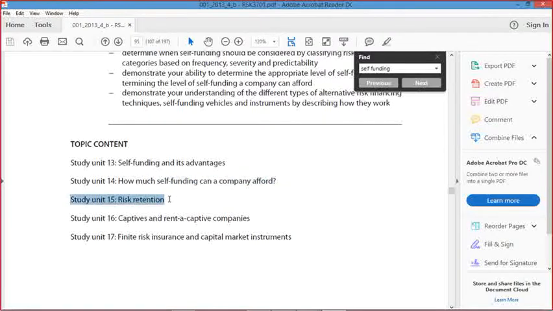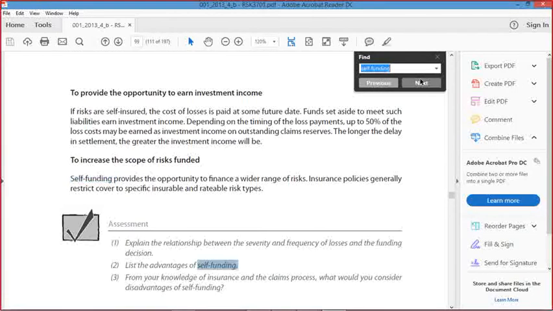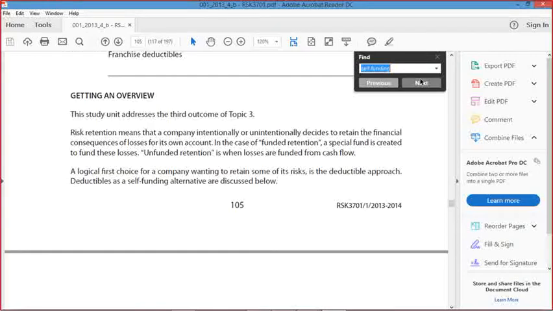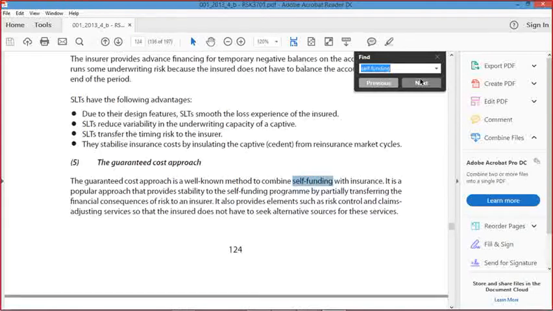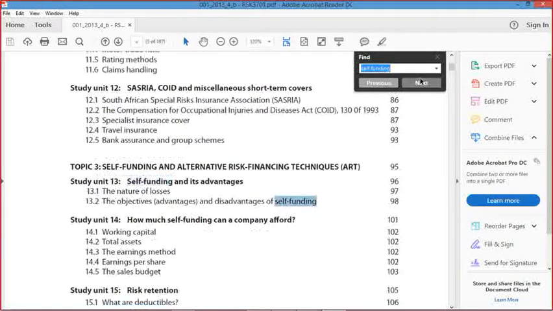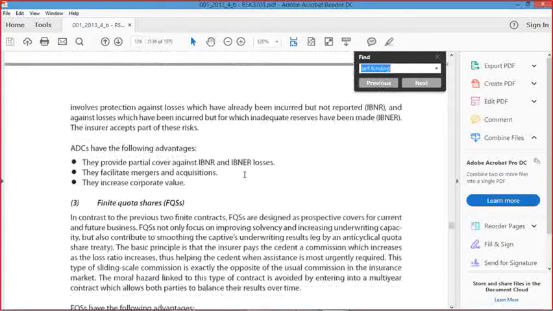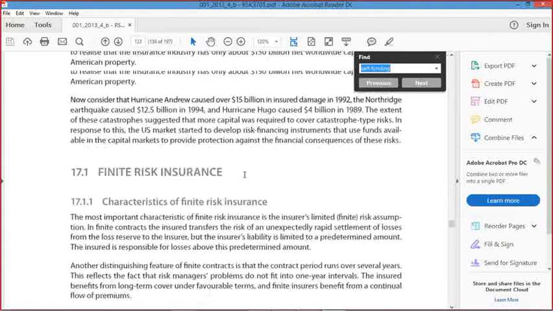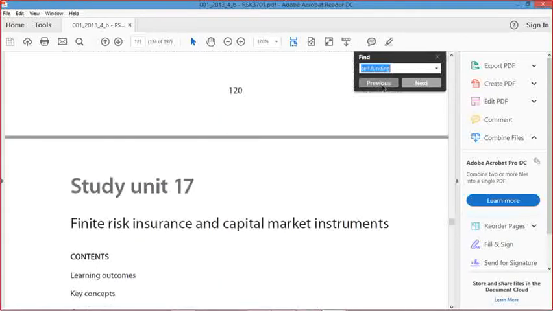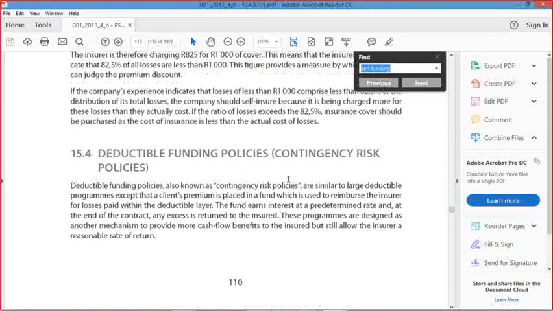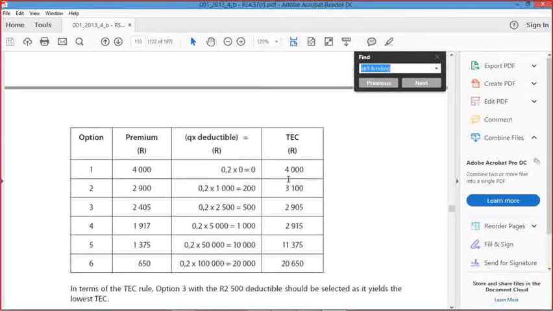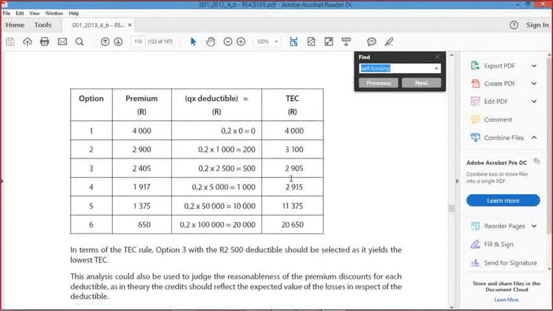We're looking at risk retention, which is study unit 15. There, deductibles. That was chapter 17, so back, 16. This should be 15. Yes, this is 15. Alright, here's the example I wanted to show you.